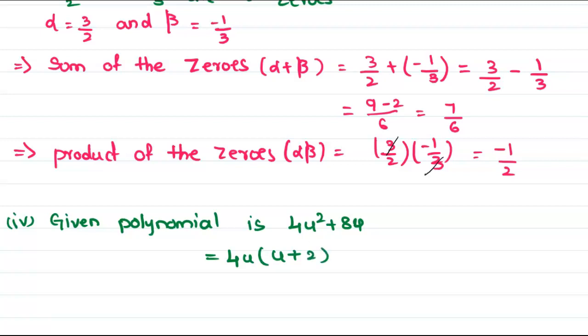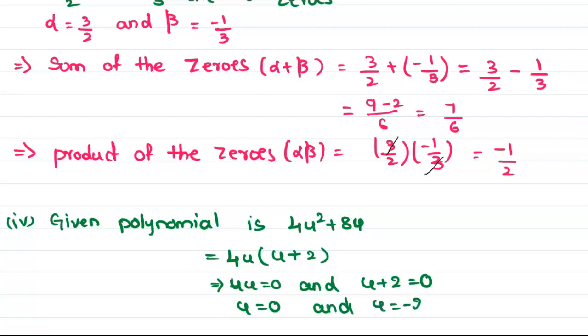Now here we have to equate to 0, that is 4u is equal to 0 and u plus 2 is equal to 0 here. Then u is equal to 0 and u is equal to minus 2 here.